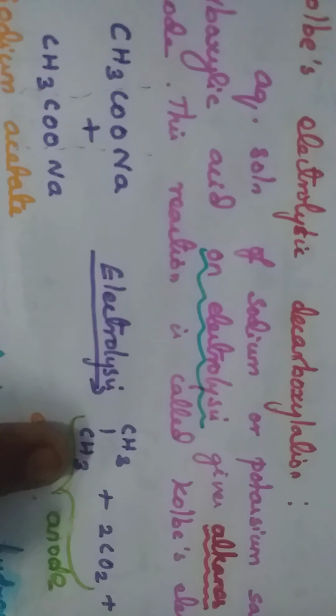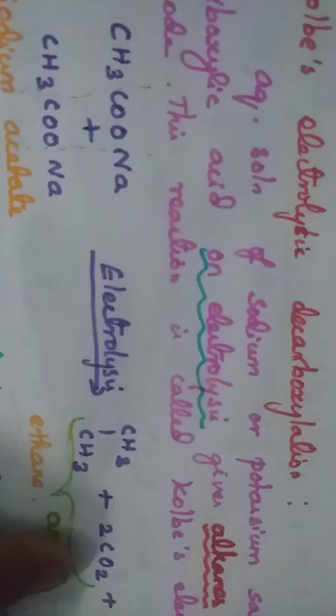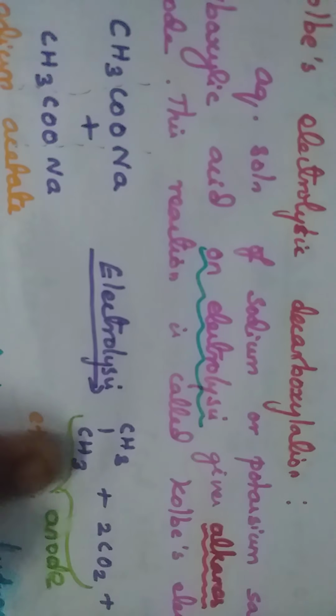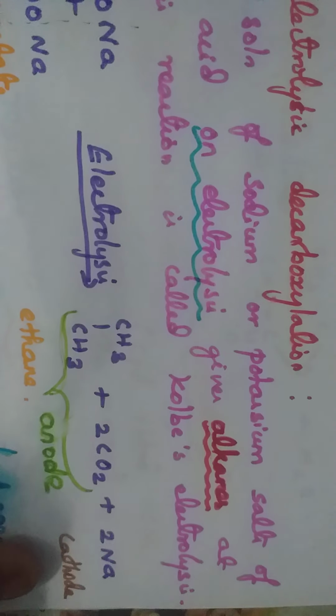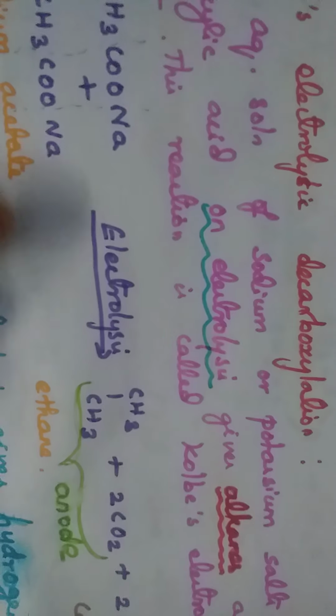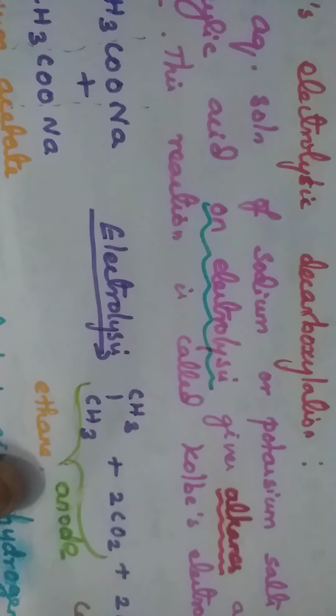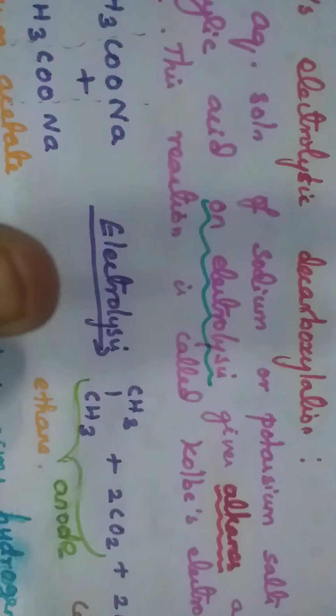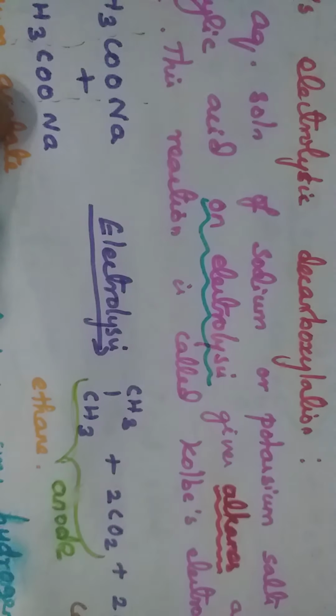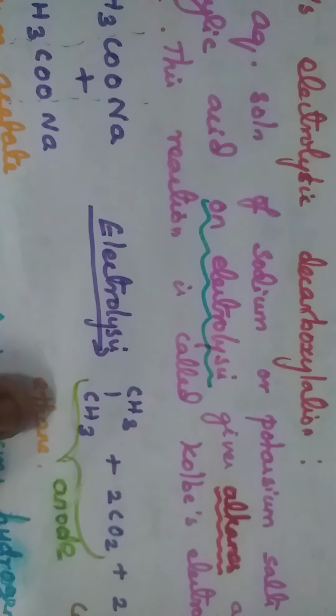So we get CH3-CH3, that is ethane, carbon dioxide and sodium. The ethane and carbon dioxide are liberated at the anode and the sodium is liberated at the cathode. So sodium acetate on electrolysis gives ethane. That means sodium acetate with soda lime gives methane, while sodium acetate on electrolysis gives ethane.